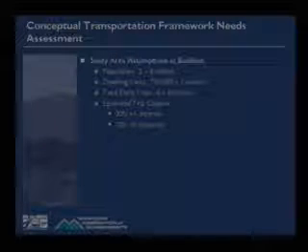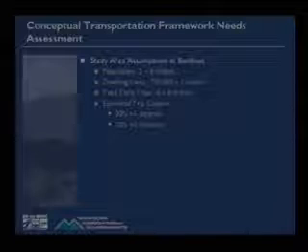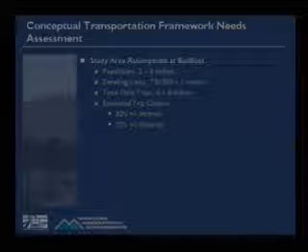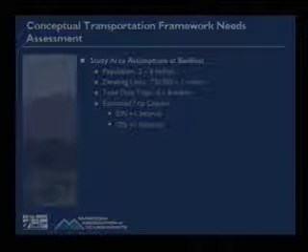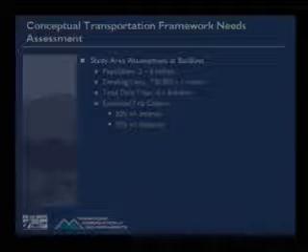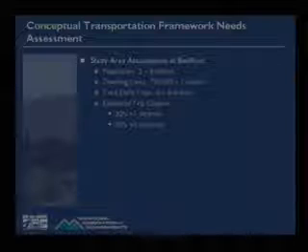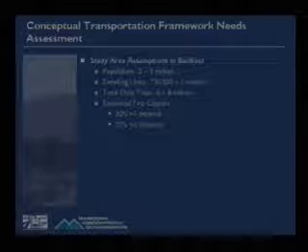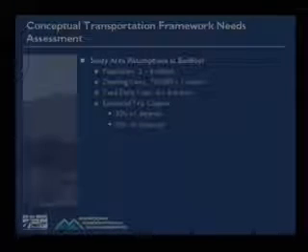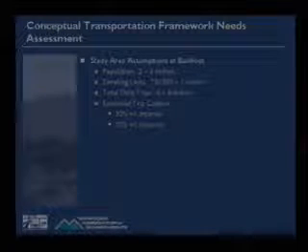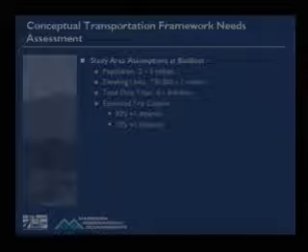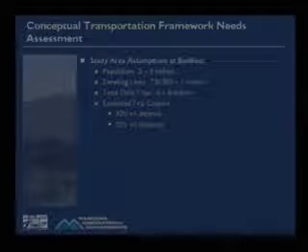Now, you see there where it says estimated trip capture. This is the thing that scares us in some respects, and something we're working on with our development community, which is how much traffic would stay in the Hassayampa Valley and not invade the rest of the valley. Right now, it's about a 30-70 split based on the amount of commercial development that is planned in the Hassayampa Valley. When I say commercial development, a lot of times we don't regard retail as a legitimate commercial development.